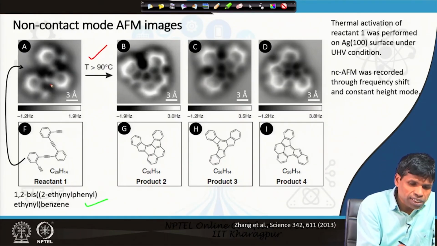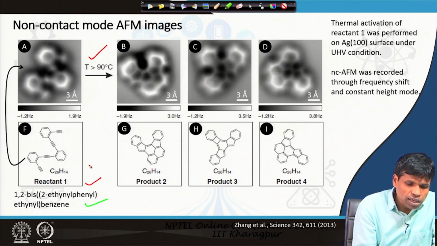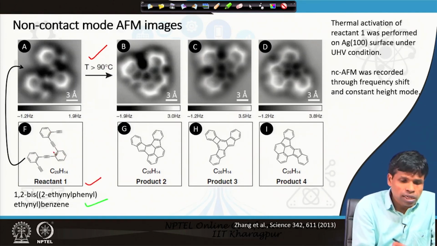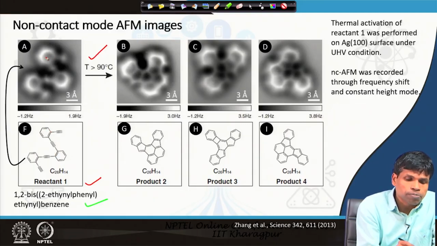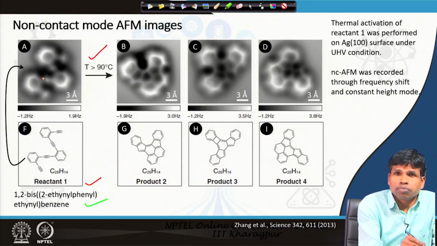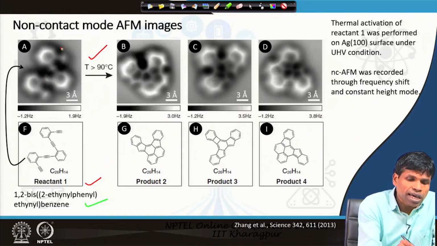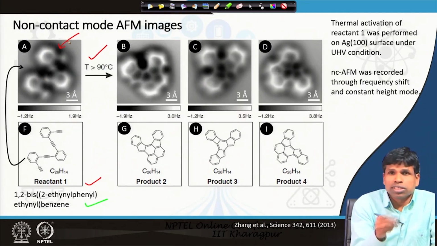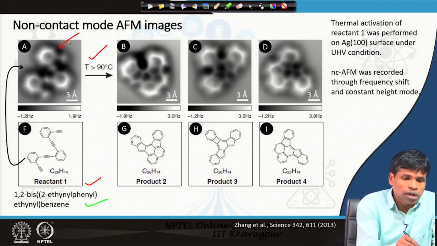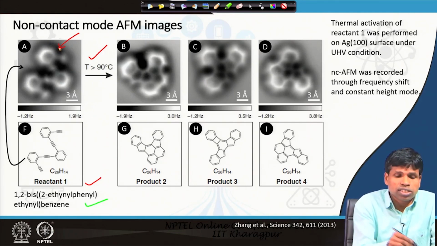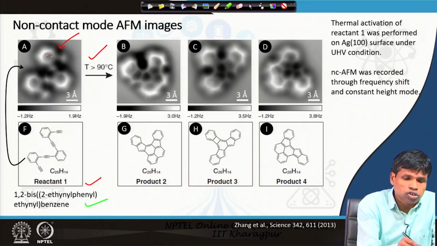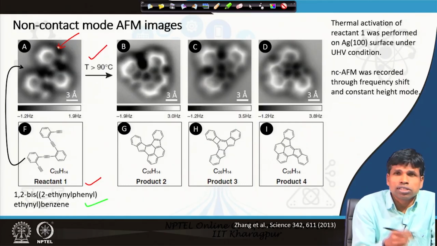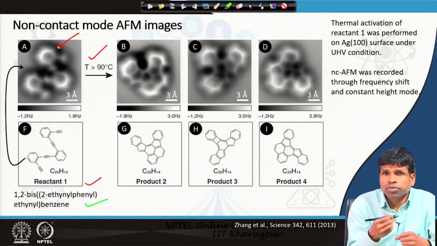What you see on the left side is this organic molecule, and as you see there are 3 six-membered rings. In this AFM image, you see the six-membered ring as the brighter portion. The dark halo around this brighter portion is where there are no atoms, and that darker portion is due to the electrostatic force of attraction.